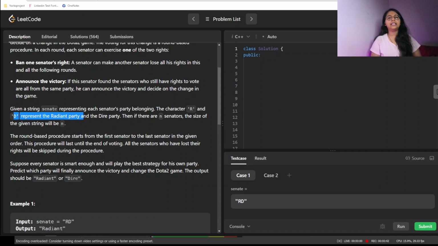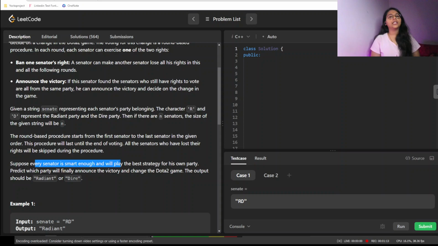This procedure will last until the end of the voting. All the senators who have lost their rights will be skipped during this process. Suppose every senator is smart enough and will play the best strategy for his own party. Predict which party will finally announce a victory and change the Dota2 game. The output should be Radiant or Dire.